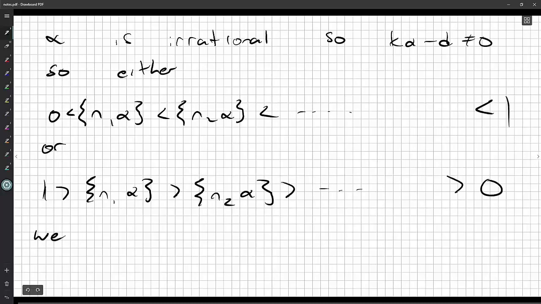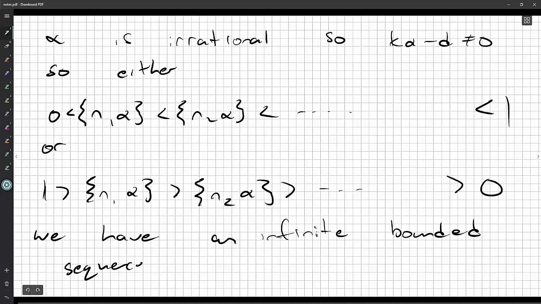So we have an infinite bounded sequence. This is impossible. Why is this impossible? k alpha minus d in absolute value has to be bigger than 0.